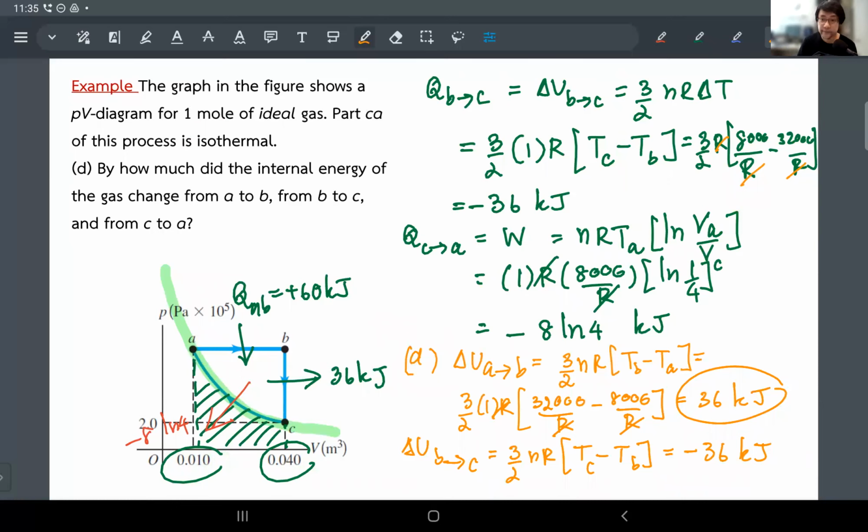It has to be. Okay, good. And the easiest of all is the delta U from C back to A. That's easiest because C to A is on an isotherm. So C to A is an isothermal process, so the temperature does not change and the delta U is 0 right away.